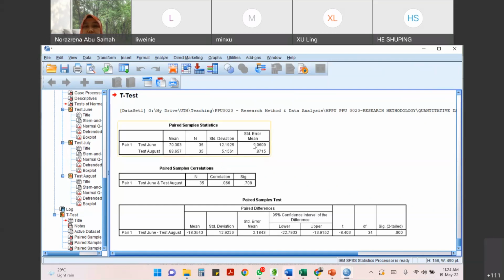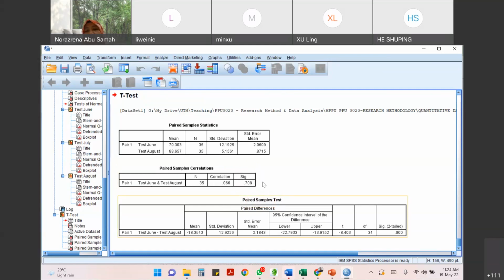And then this is the standard error of the mean. And then here is the correlation. Since there is a correlation here, let me share also. You can use this correlation. For correlation, the first thing you have to look at is the significant value. If the significant value is less than 0.05, it means there is a correlation between both variables.